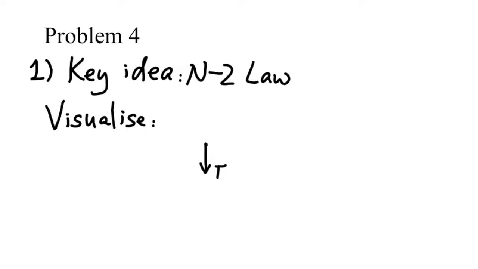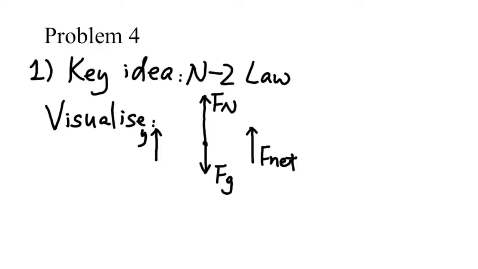There are only two forces acting on the person. First one is the gravitational force, and the second one is the normal force. Because the elevator is accelerating upward, we know that the net force is pointing up. And for this coordinate system, the upward direction is the positive y direction, and the positive x direction is to the right.